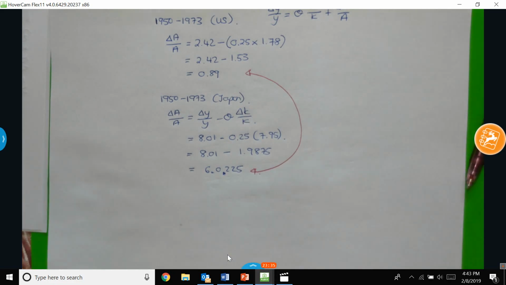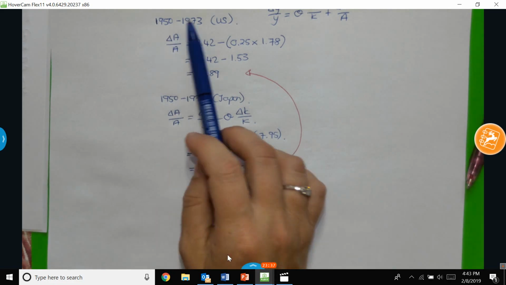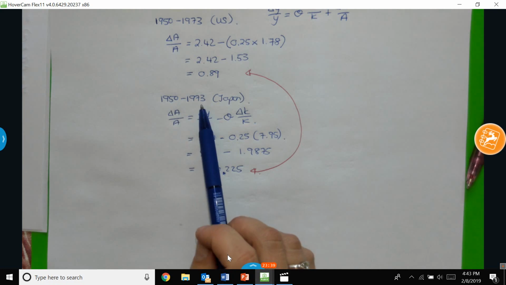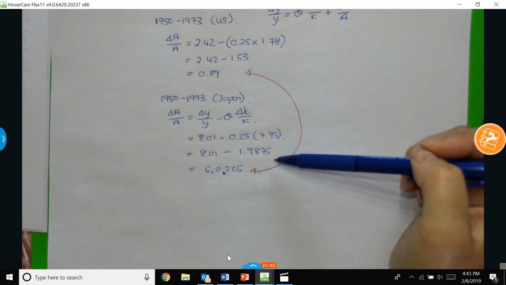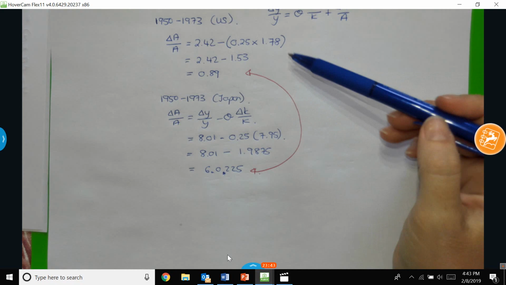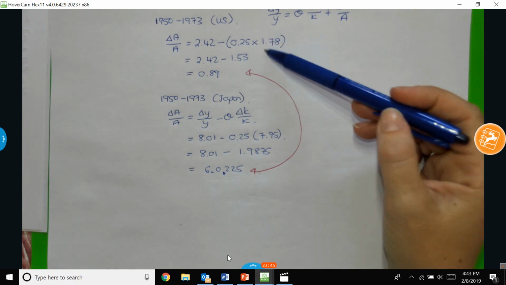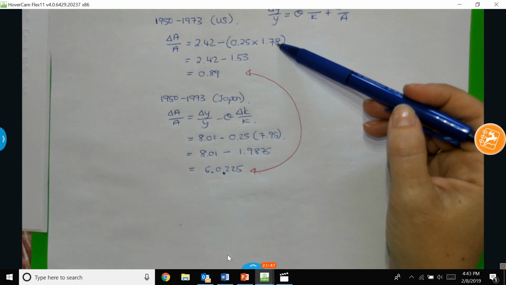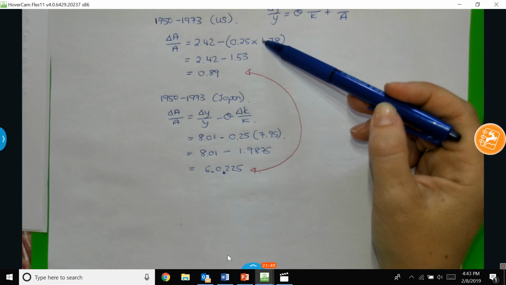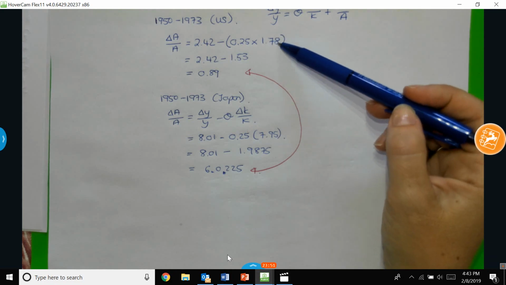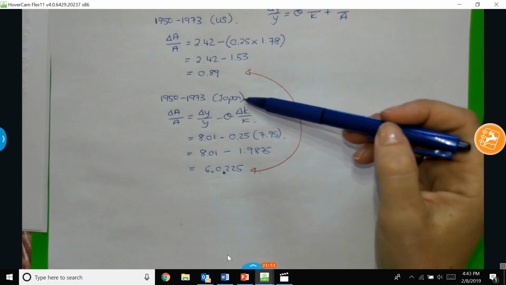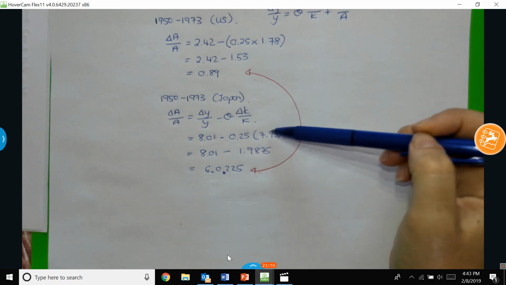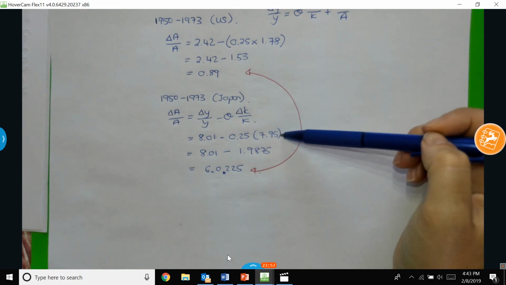Alright, what I'd like you to do is simply compare those figures. Over the 1950 to 1973 period, what we can clearly see is that not only were they investing less in capital stock per person in the US, only 1.78%, whereas in Japan the growth in capital stock per person was 7.95.